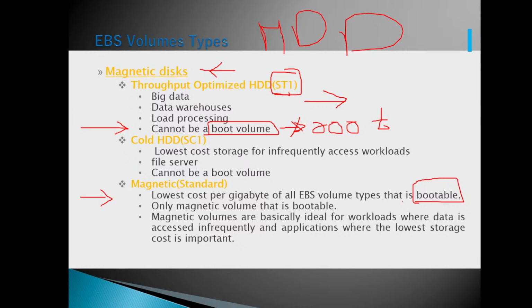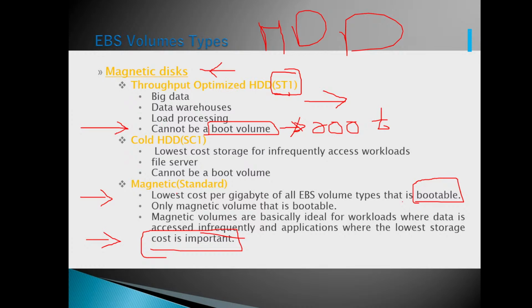Standard magnetic is used for infrequent access data. It is the only magnetic disk that is bootable. Magnetic volumes are ideal for workloads where data is accessed infrequently and applications where low cost is important. So this is all our magnetic disk.